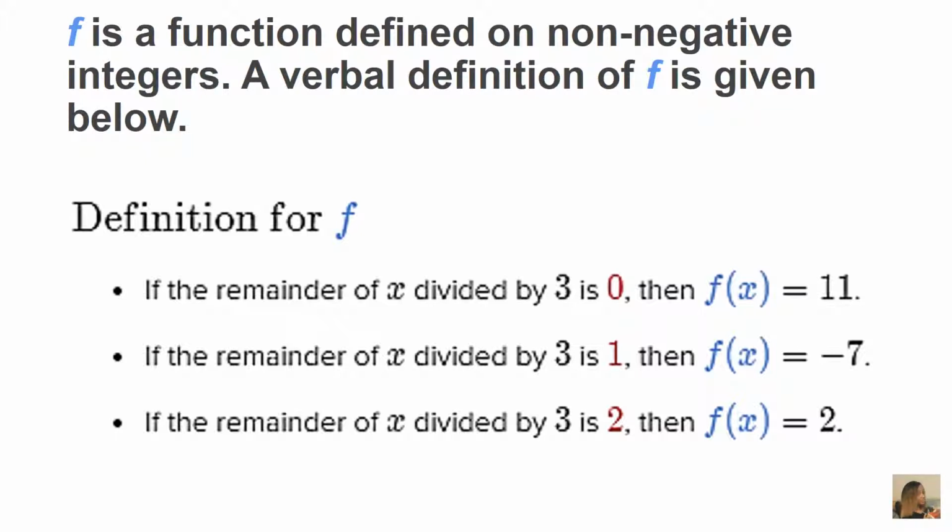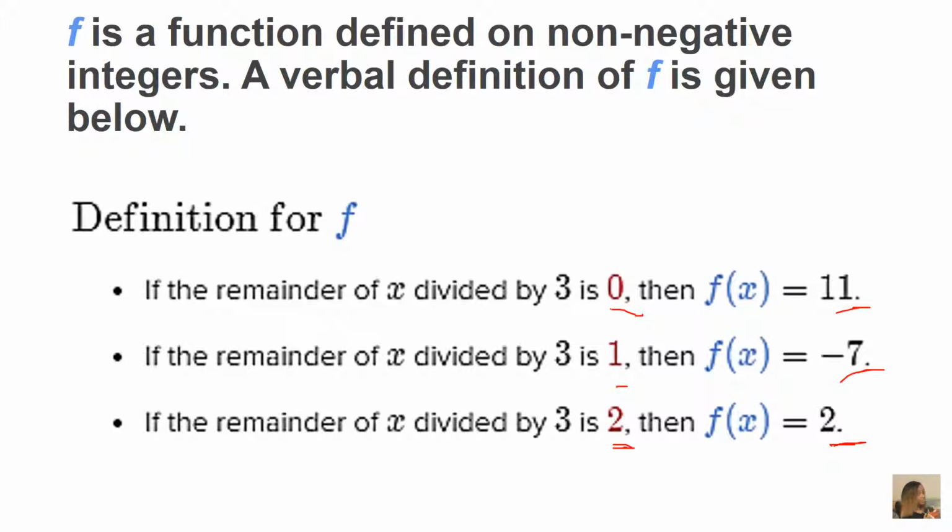So we're told that if the remainder when divided by 3 is 0, f of x equals 11. When the remainder is 1, f of x is equivalent to -7. And when the remainder is 2, f of x is equivalent to 2. So we know that every 3 numbers will fit one of these criteria.